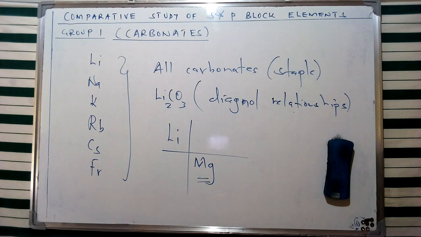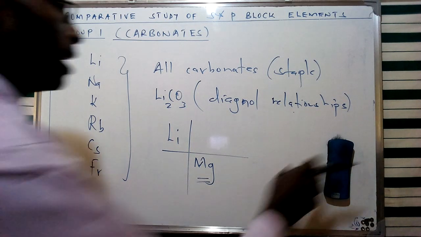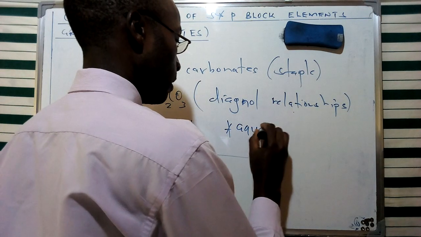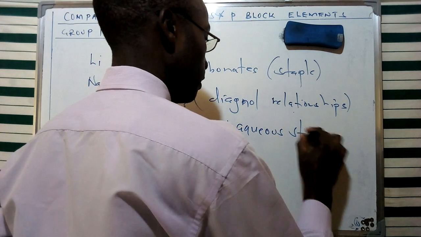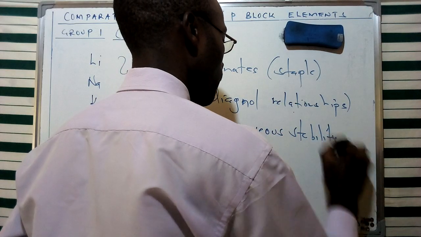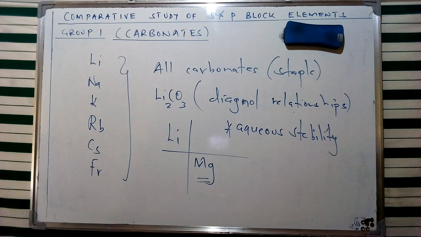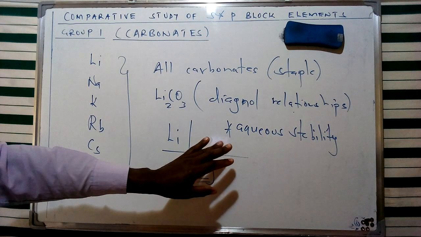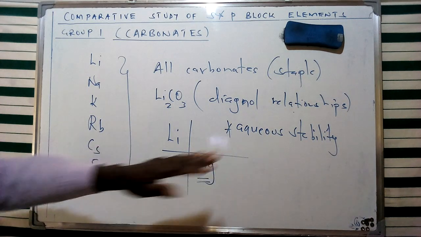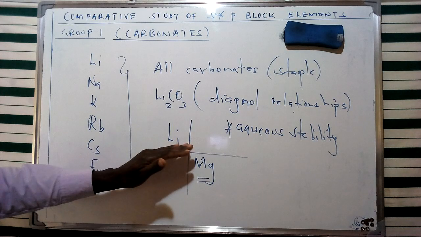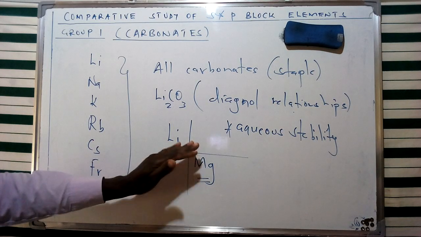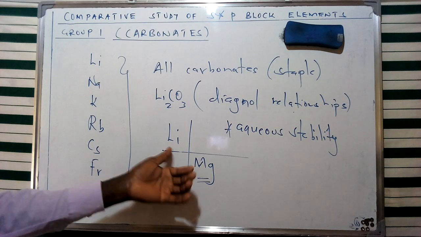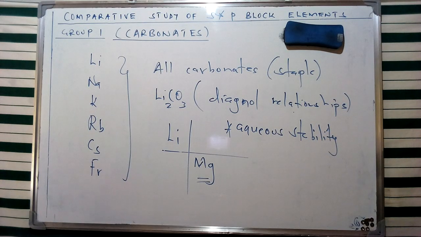For instance, one of the properties is the aqueous stability. The aqueous stability of lithium carbonate and its instability with respect to the oxides of these specific compounds at higher temperature still are going to exhibit this specific relationship of a diagonal relationship with a member which is going to be magnesium.